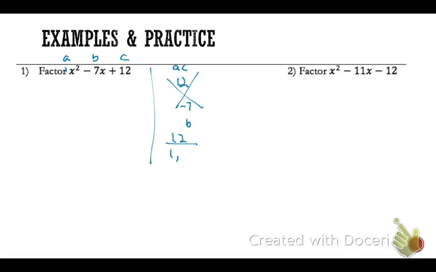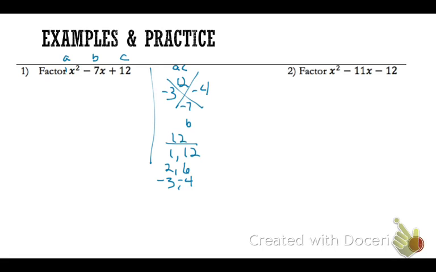So 1 and 12, 2 and 6, 3 and 4. And if they are both negative, when I multiply, I will get positive 12. And when I add them, negative 3 plus negative 4 is negative 7. So those are the numbers that I want.